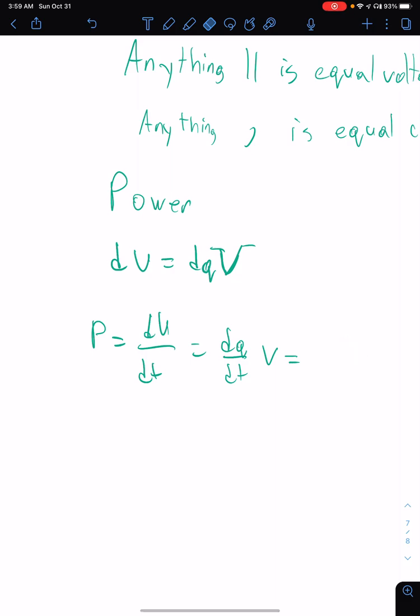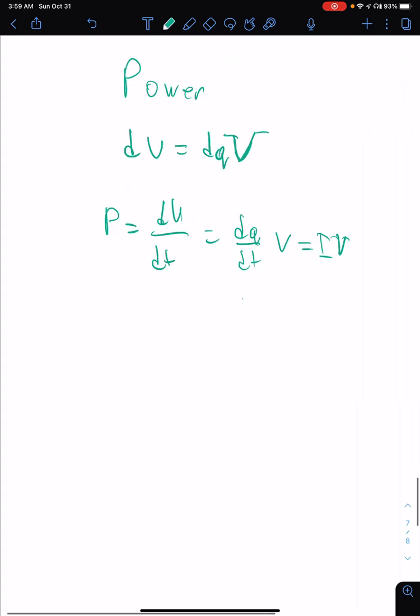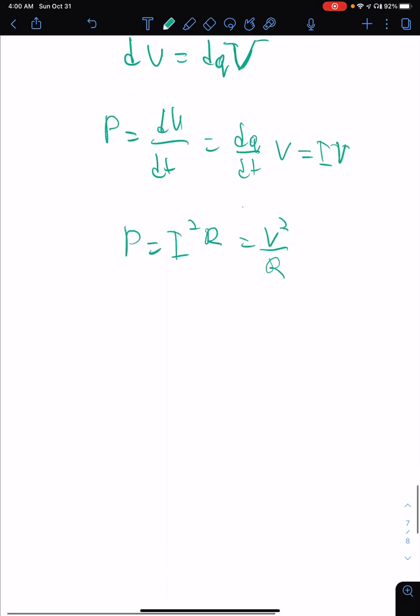Because if you remember, what's your charge over t? dQ over dt is I. What a magic scenario right there. Which also means that P is equal to I squared R, which is equal to V squared over R. And these are just all variations of using Ohm's law, which is V equals IR, and P is equal to VI.